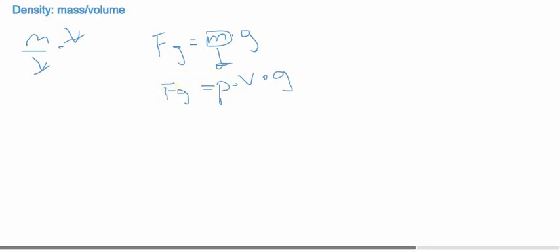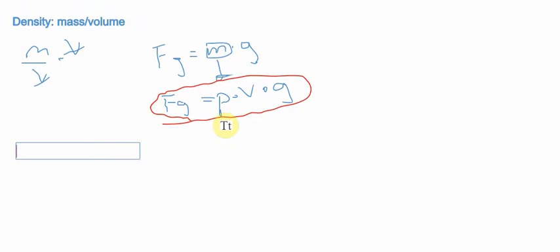So this equation gives us the weight of the water. Now hold on to this equation as we'll come back and talk about it in terms of Archimedes' Principle and the buoyancy force. The next factor that we talk about when we deal with fluids is the concept of pressure.